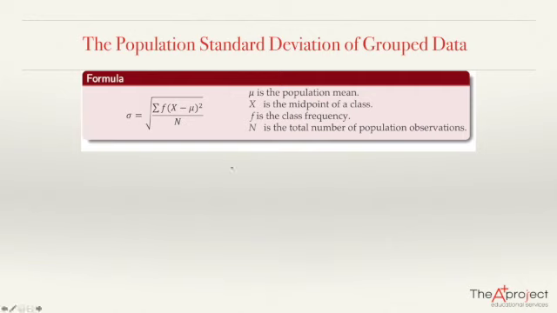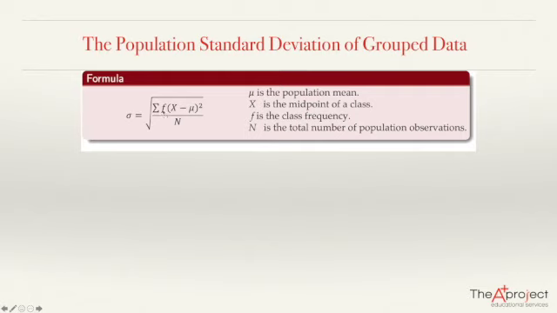The formula that we're going to use to initially estimate the standard deviation for a population: we subtract the mean from each data value, where each data value is the midpoint of the class. Then we square and multiply by the frequency.